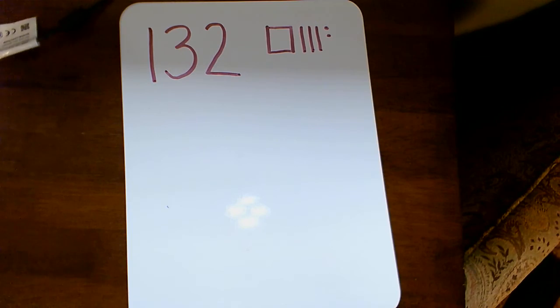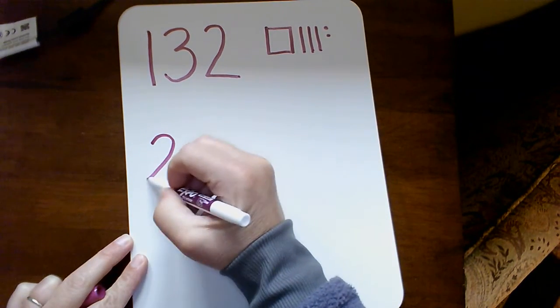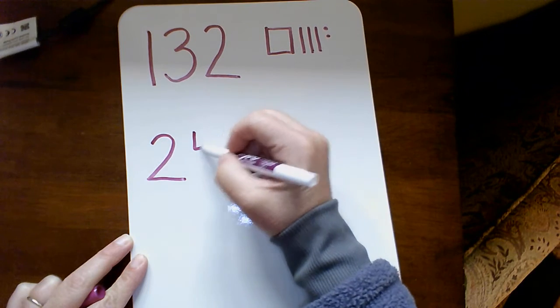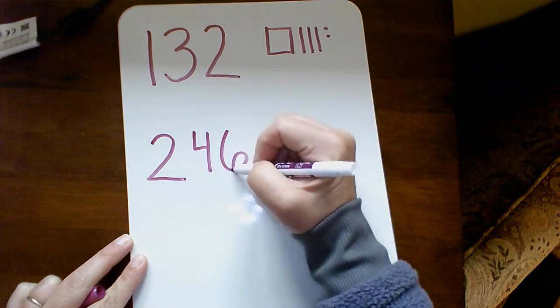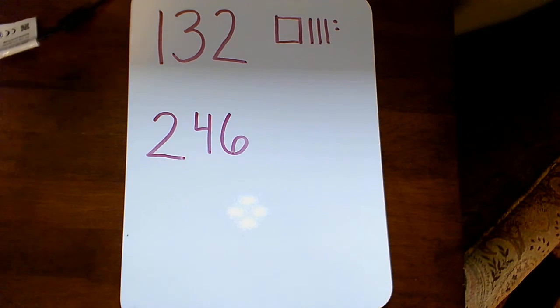Let's practice one in the 200s this time. Let's do 246. Like I said, if you don't have the amount of hundreds you need, you can cut a piece of paper to be a square, and that would work too. Okay? So pause me and do that.